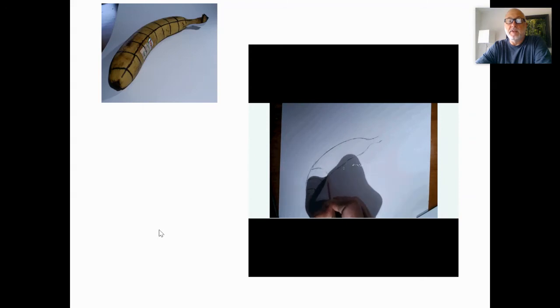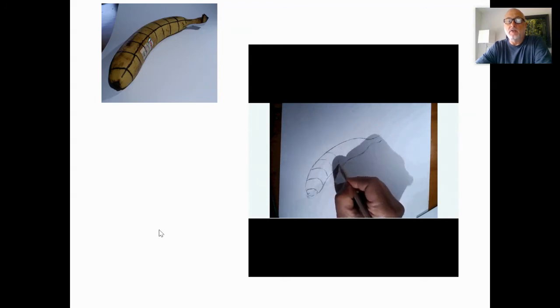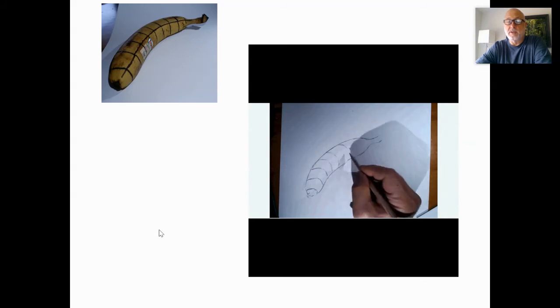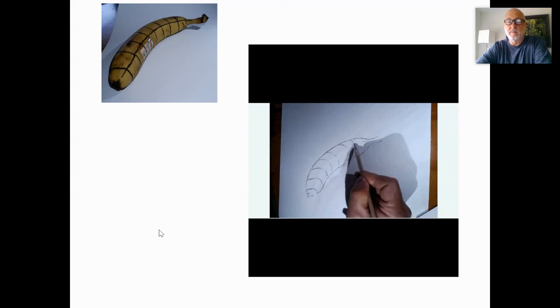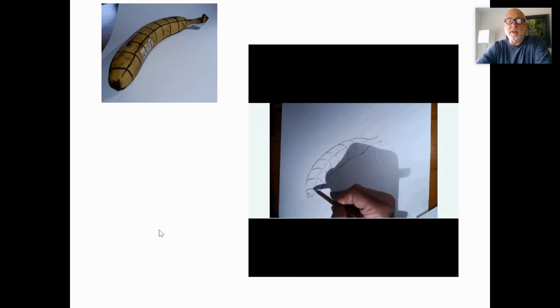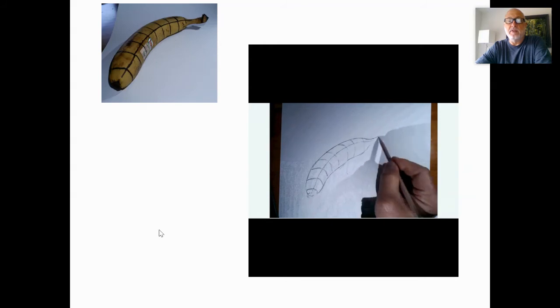It's important to consider the degree of curve when you're drawing them. How much do they curve and where do they curve? If you draw the contours curving in the wrong direction, it will make the object look bent or broken. Your job as the artist is to see how these contour lines curve across the surface of the object.